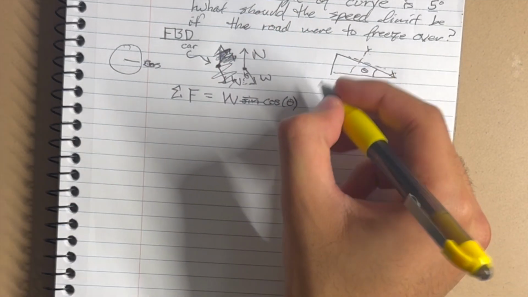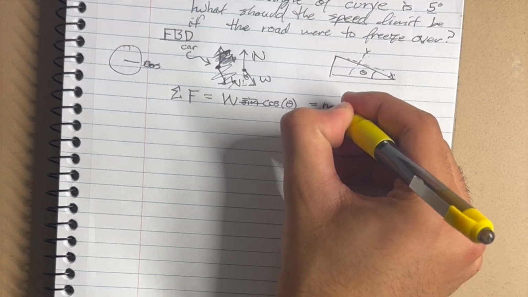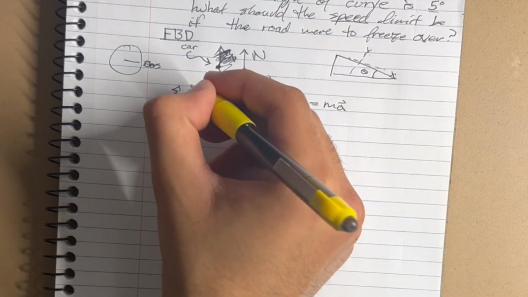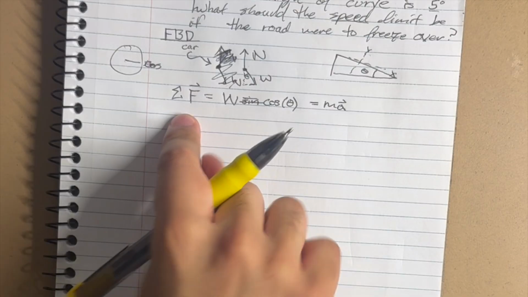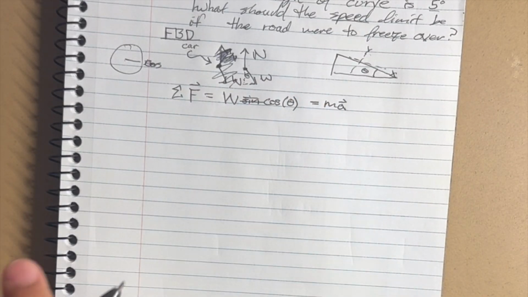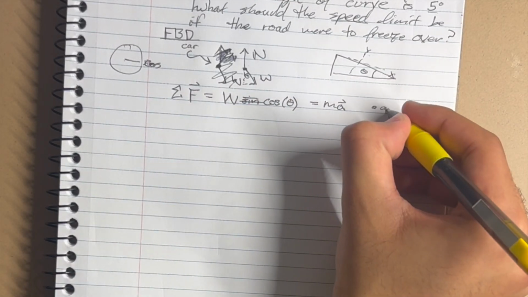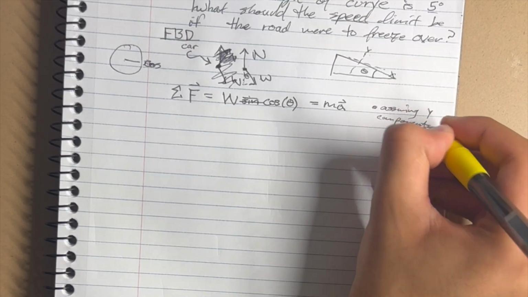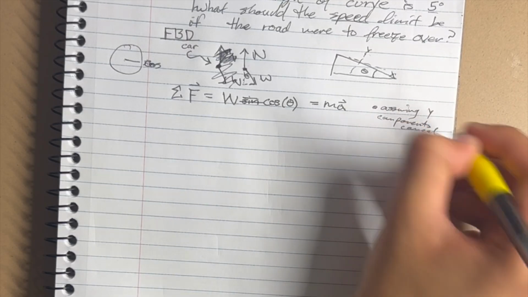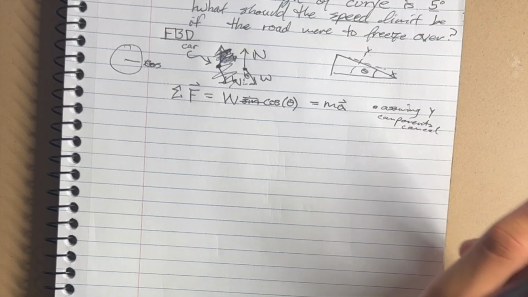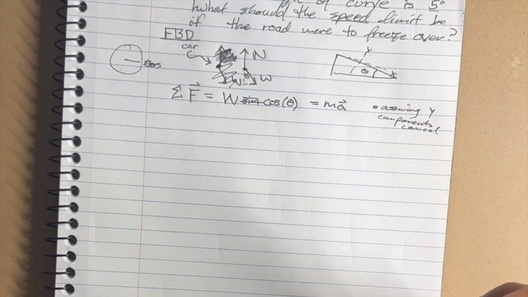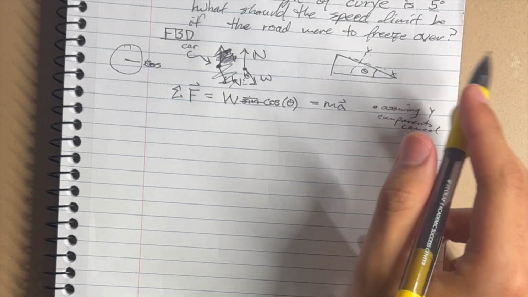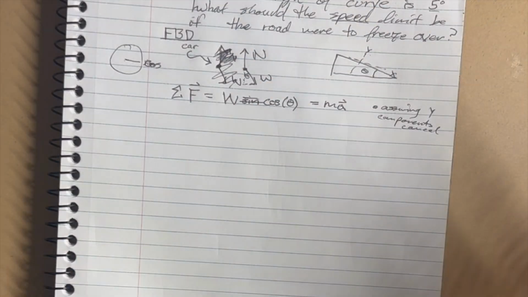I'm just going to leave that there. We also know that this is equal to mass times acceleration, and this is always going to be true: your total force is equal to your mass times acceleration. The y components cancel. It's a pretty fair assumption, and it also makes the rest of our math a lot easier to say we're not going up and down on the ramp, we're just going through it.